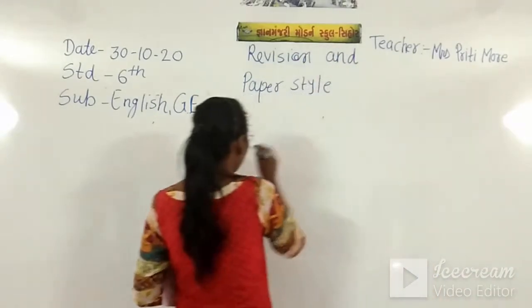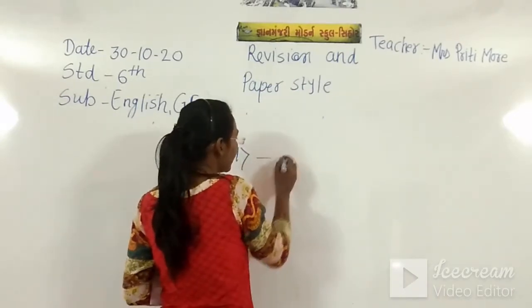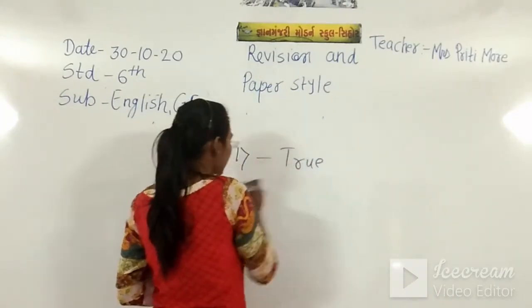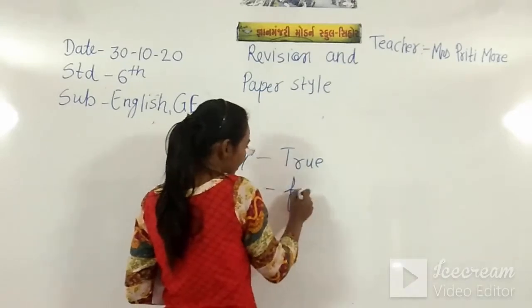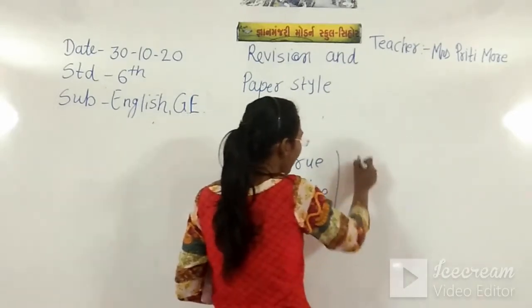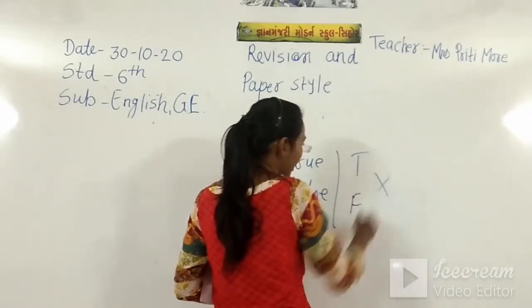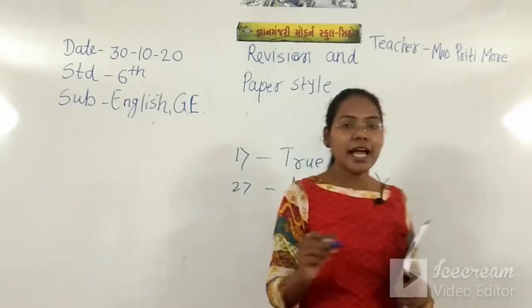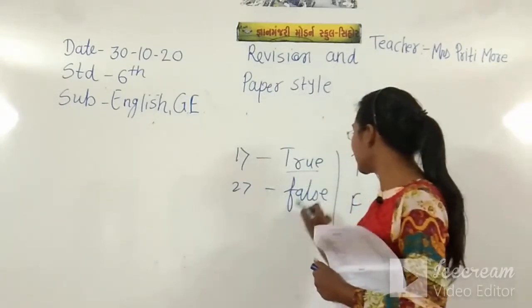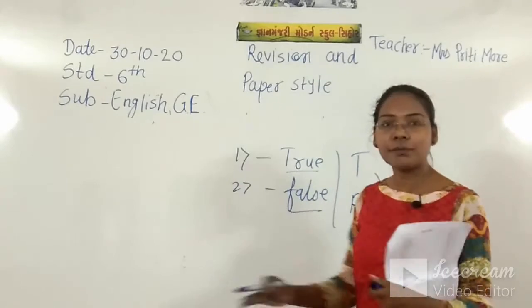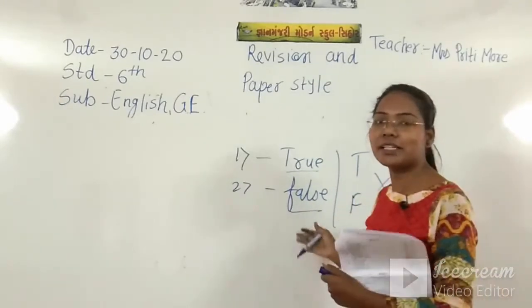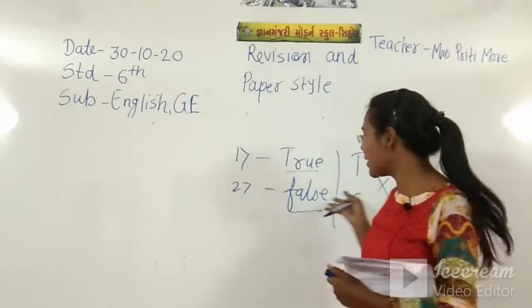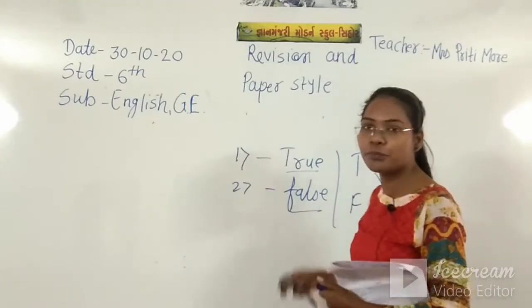So if the first answer is true, write here true. Second is false, so write here false. Don't write T and F. I will not accept this. I want the full spelling here. This is not that big and very large spelling. This is very small and short spelling, so write it in full.